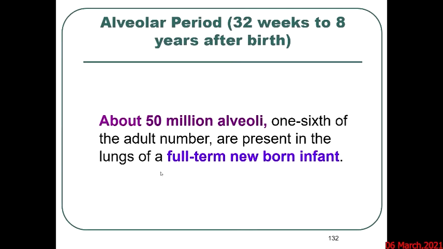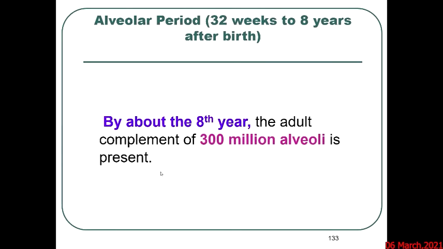About 50 million alveoli, that is 1/6 of the adult number, are present in the lungs of a full-term newborn infant. This is important. By 8 years, there are 300 million alveoli.